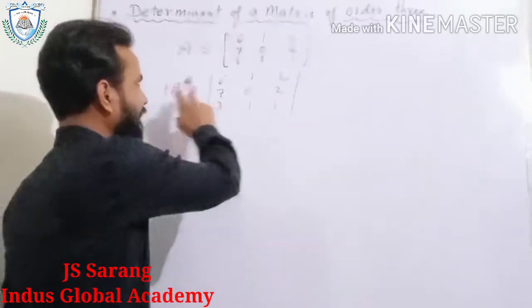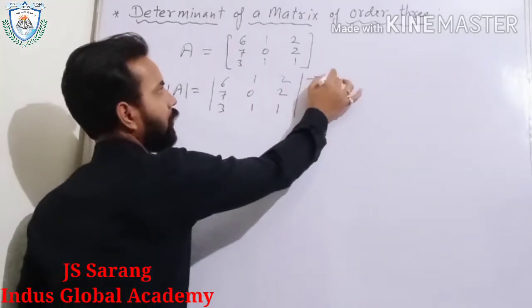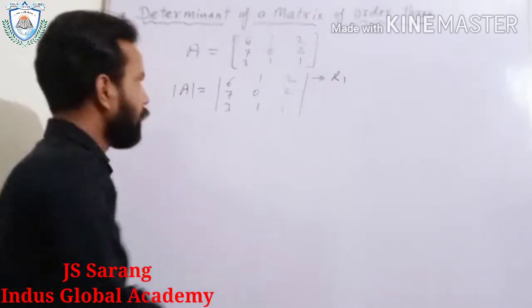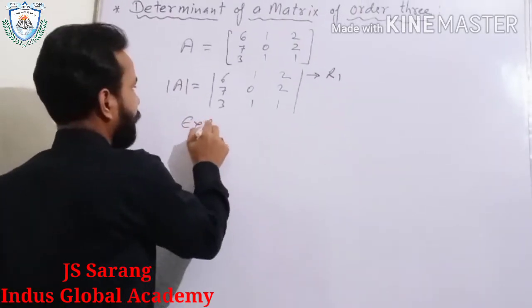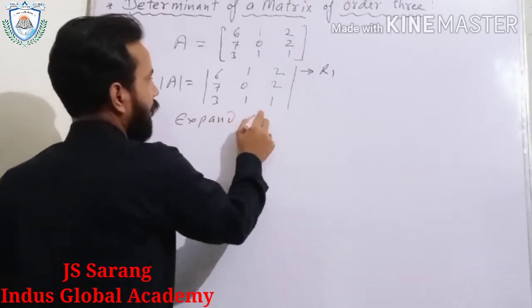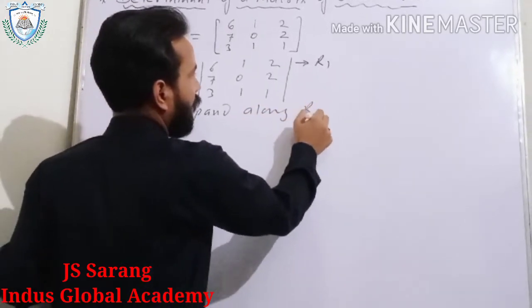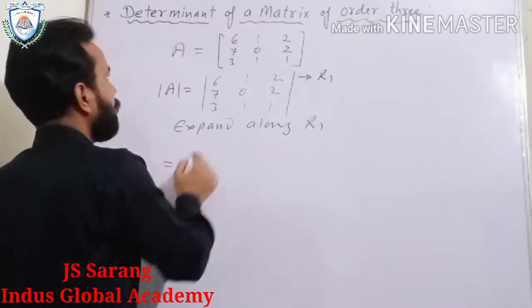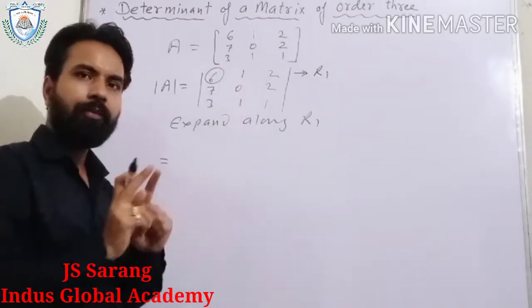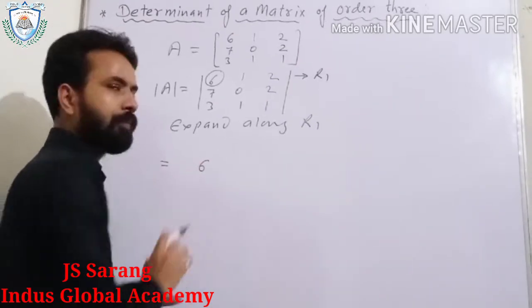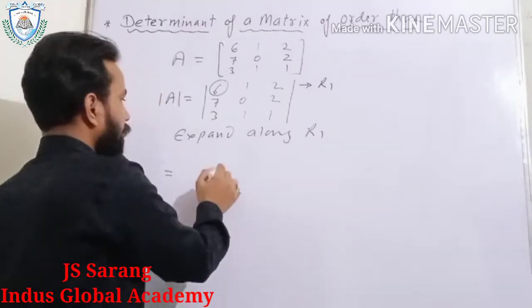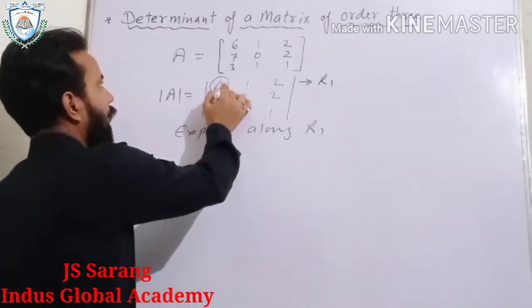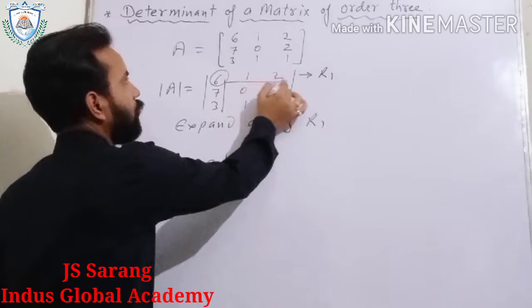So I am expanding this determinant along row 1. Clear? So expand along R1. We have to write this. Now how can we expand? We have to write the very first element, that is 6. Clear? Now we will hide this column and this row.